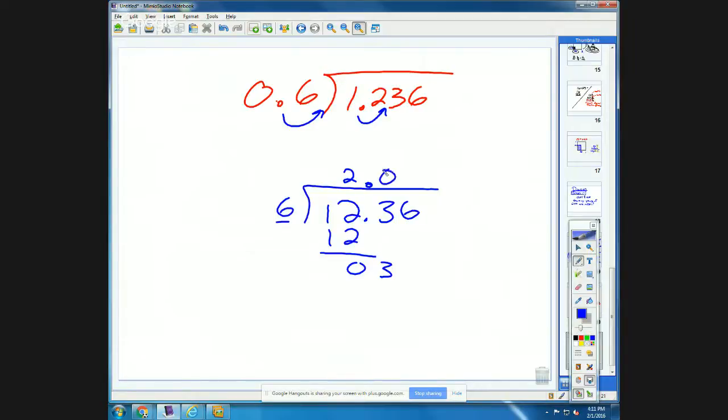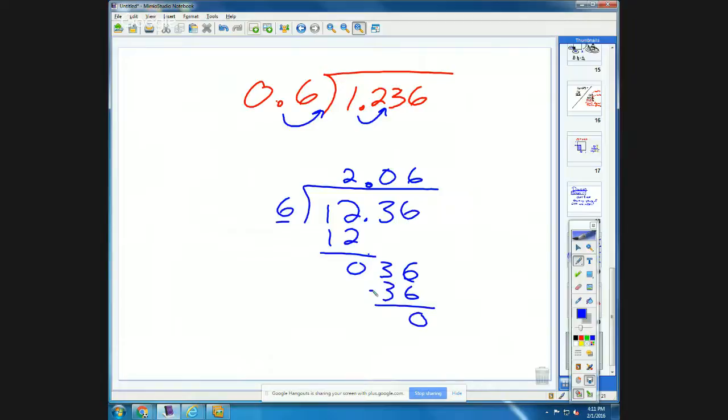So you've got to be careful there. It goes in 0 times. I can't do anything there. I've got to bring down the 6. And you've got to keep track of those places. How many times does 6 go into 36? 6. Now the 6 goes there. 6 times 6 is 36. Subtract and I get a 0. I could have screwed that up because a lot of people are going to write 2.6 instead of 2.06.